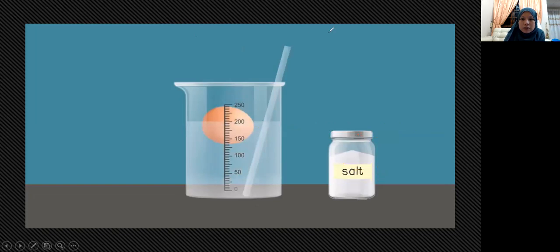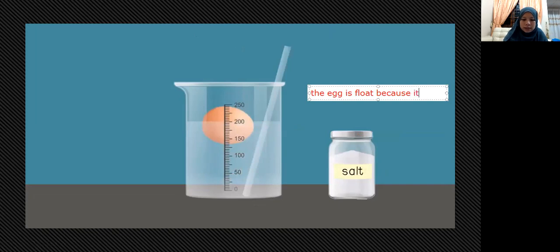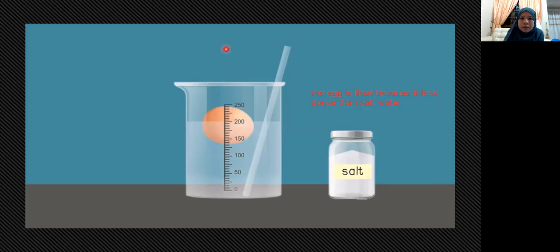Let me write here: the egg floats because it is less dense than salt water. So you have to write it here. The egg is less dense than salt water. I hope you can remember the concept of density, why the object floats and why the object sinks.